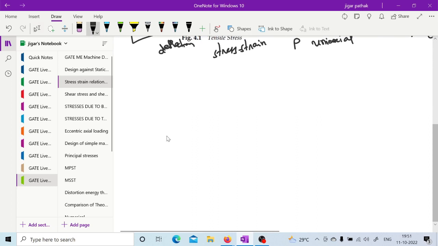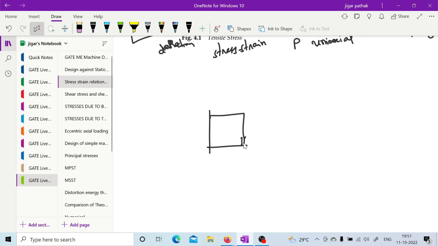One second. So here if it is going to act like this, the sigma T, the area on which it is acting is perpendicular to this force. Are you getting what I am trying to say? In case of plate, it is perpendicular. Hello? Yes, sir. So is it clear?